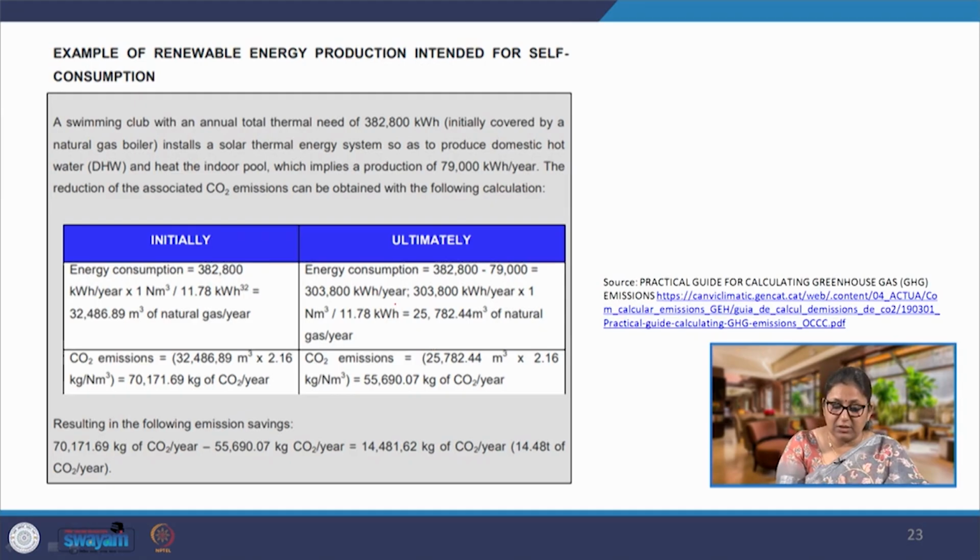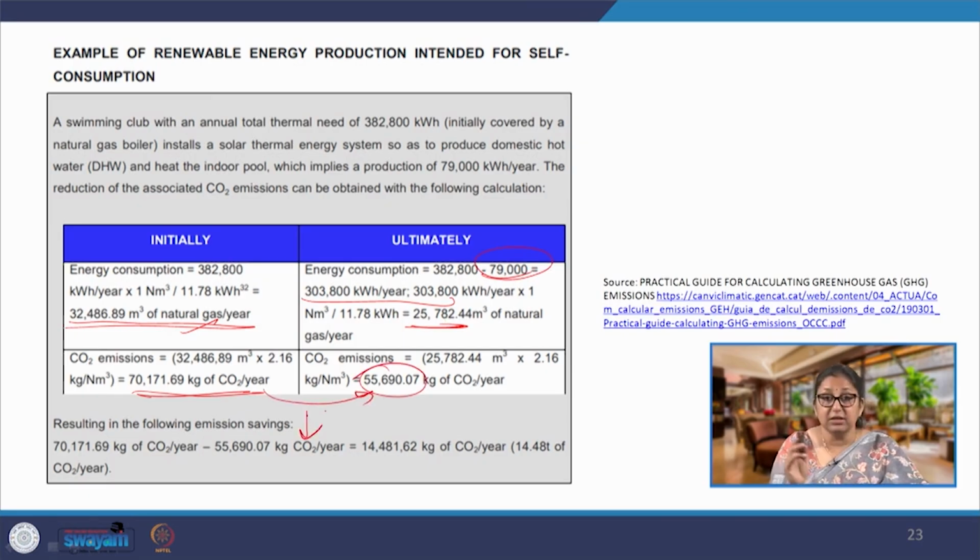So, we will calculate how much was the original production of carbon dioxide, the consumption of natural gas per year, what is the reduction that has happened because of installation of the solar water heater, and what is the resulting carbon dioxide and hence the reduction.